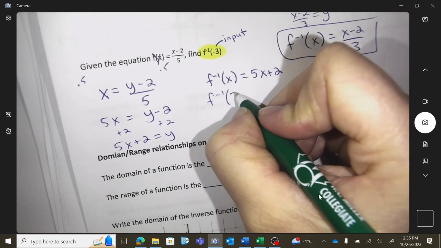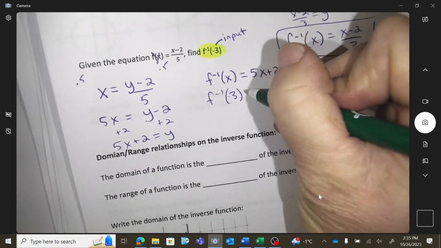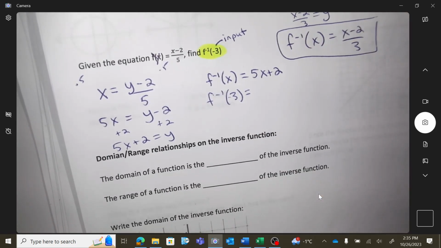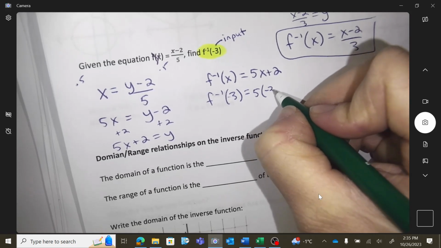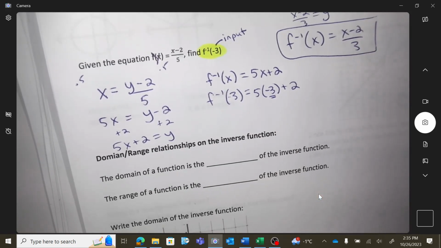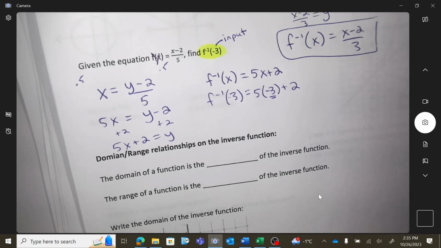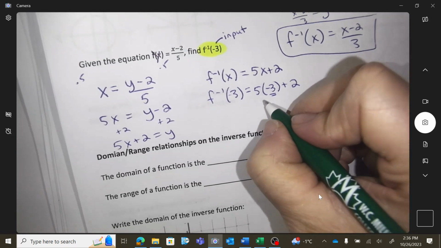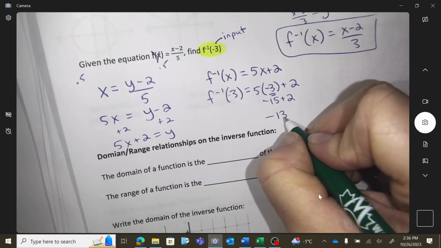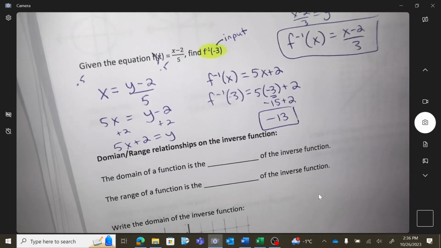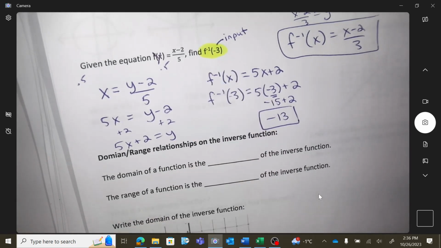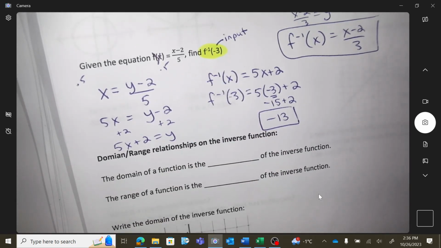So if I want to figure out f inverse of negative 3, I'm going to input a negative 3 instead of an x. So I just added one more step onto what we did, basically. So inverse, switch, make a new y equals equation, and then this just is an extra question about inputting.